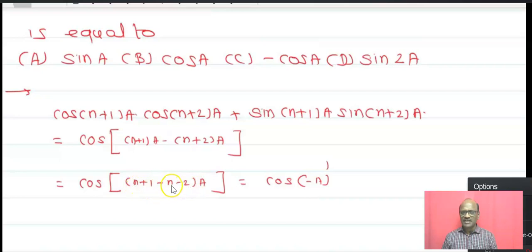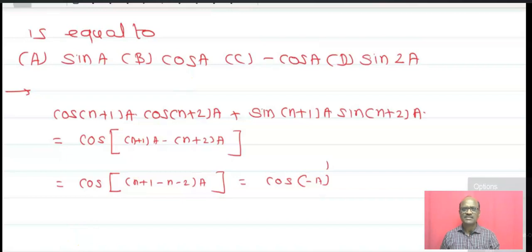Now plus n and minus n cancel, and plus 1 minus 2 becomes minus 1. And what is the cos of minus theta? Cos of minus theta is cos theta, and sin of minus theta is equal to minus sin theta. Therefore, here you will get cos of a. That is, option B is the correct one.